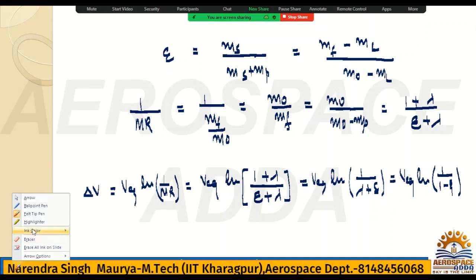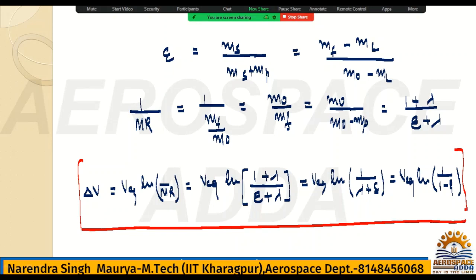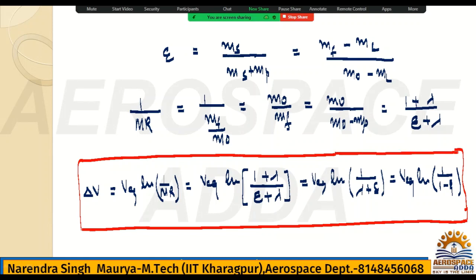You need to check the problem; whatever they have asked, use the formula based on that. This is the Brahmastra of the rocket. Now you are getting the Brahmastra, after that use it however you like. Okay, done.